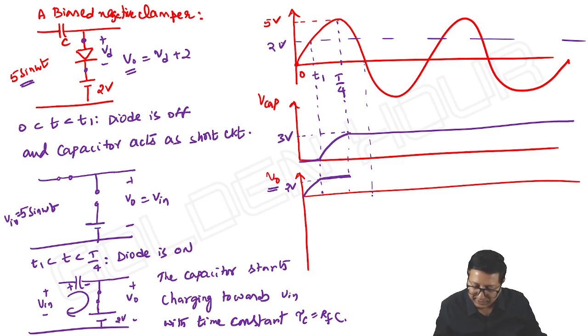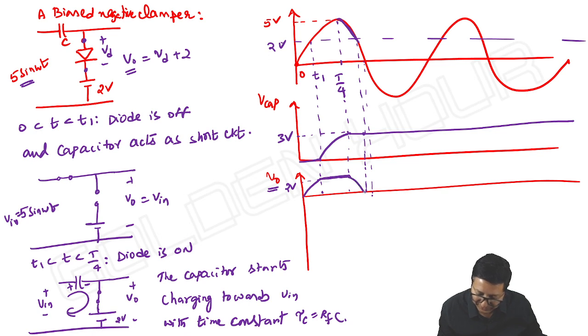Now, from this point to this point, you see, the input voltage is falling by 3 volts. The capacitor voltage is 3, so the output voltage also falls by 3.